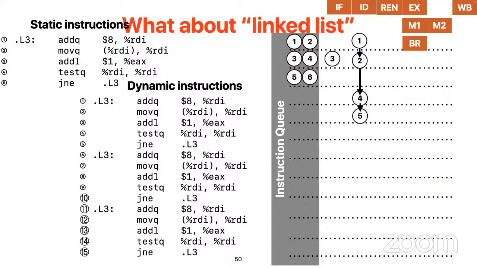But 5 is depending on 4, and 6 is also depending on 2, but the result of 2 is not ready at that cycle. So why can't we put 4 on the third line? We cannot do that because 4 is depending on 2, so you cannot execute 4.